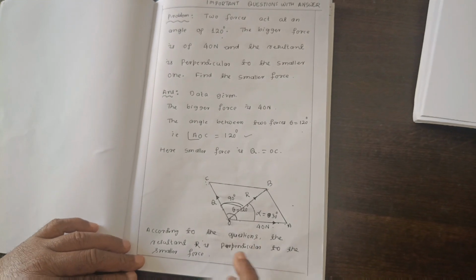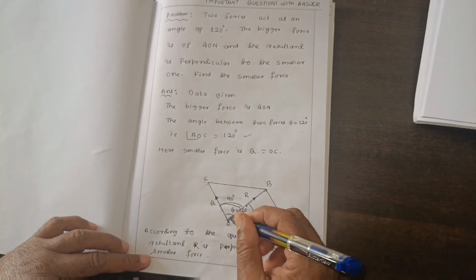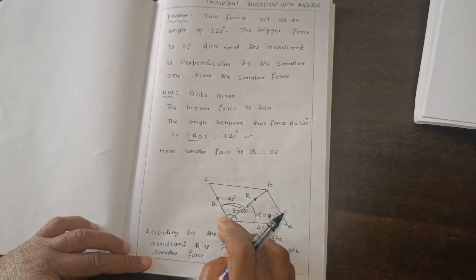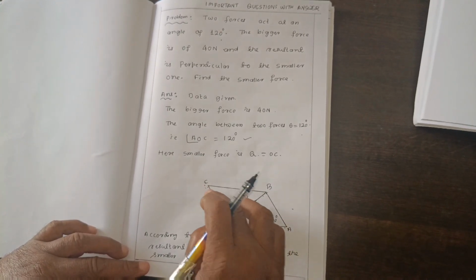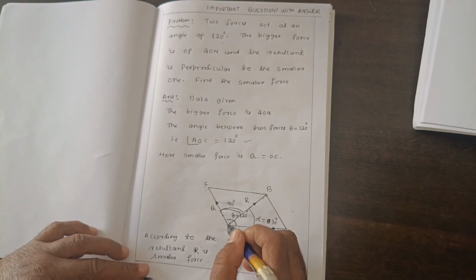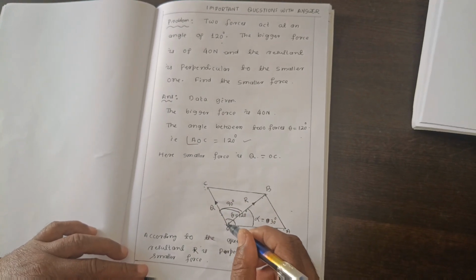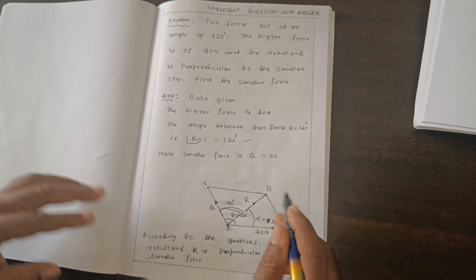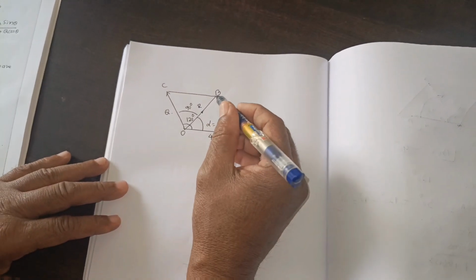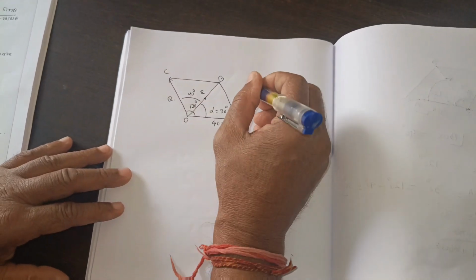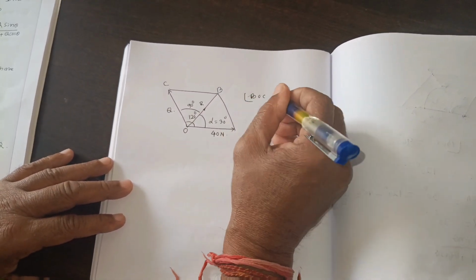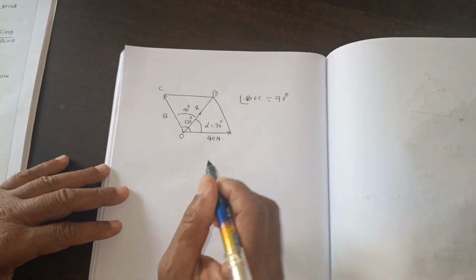According to the question, the resultant R is perpendicular to the smaller force, that is OC is perpendicular to OB, that is BOC is equal to 90 degrees.